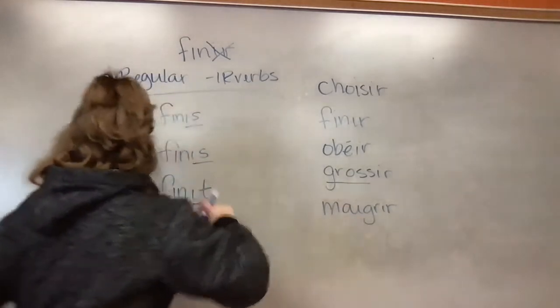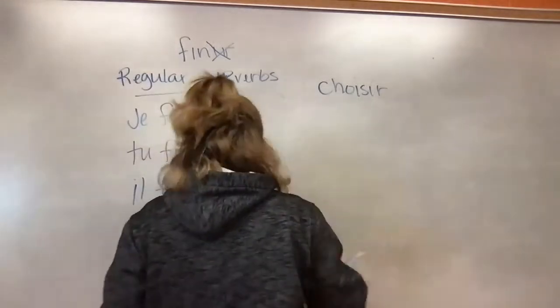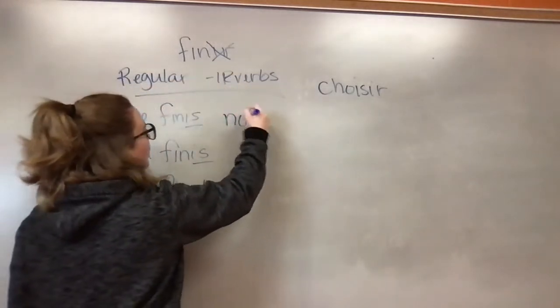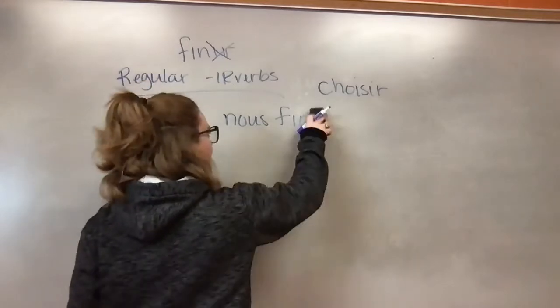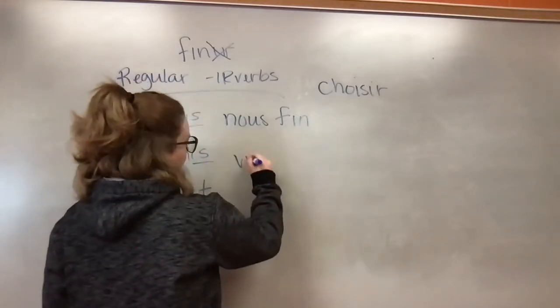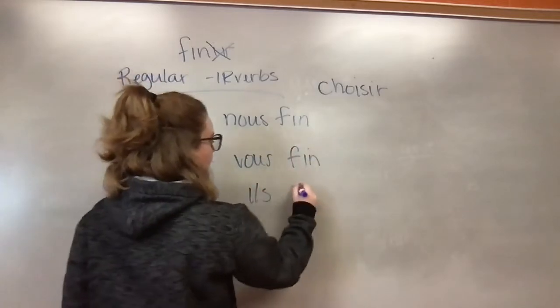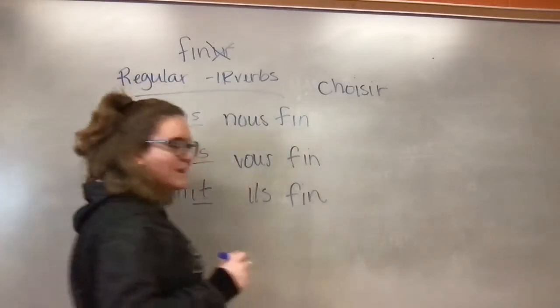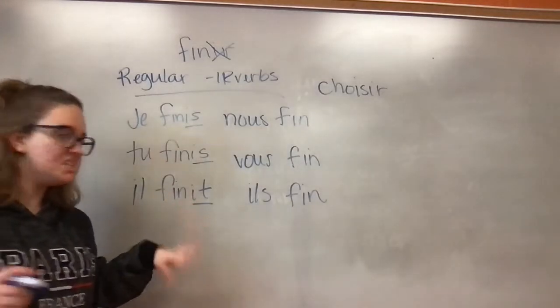And I'm actually going to go ahead and erase those examples because they are in my way. And these ones get a little bit long. So we have is, it, that's short, sweet, easy.